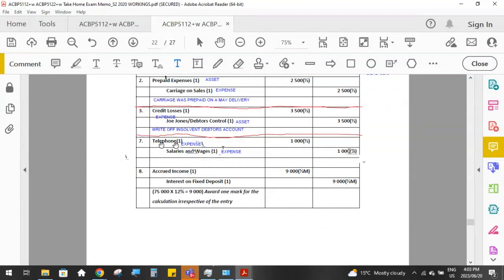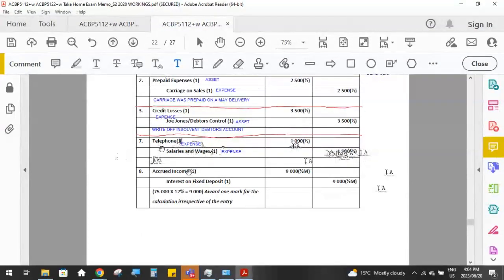So we are reversing the incorrect debit to salaries and wages by crediting that account. The credit will cancel out the debit that we already put there. It will cancel it out to 0, so that there's a net effect of 0 to salaries and wages. And we will then debit telephone. So again, we can see I've debited 1,000 and I've credited 1,000. So my journal entry balances.